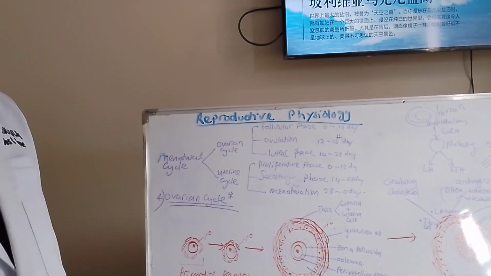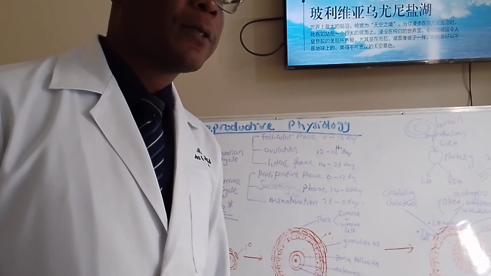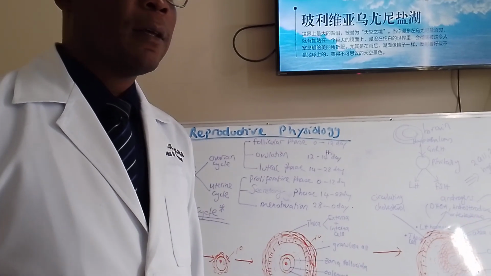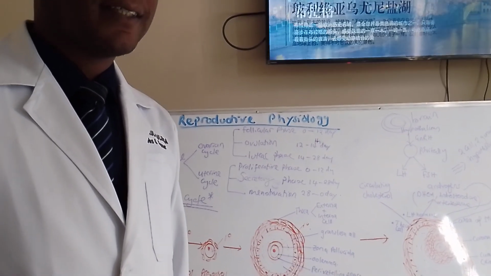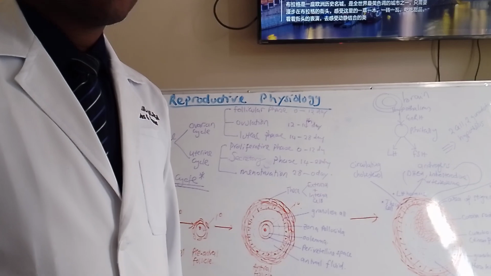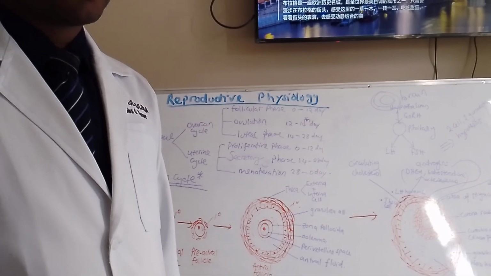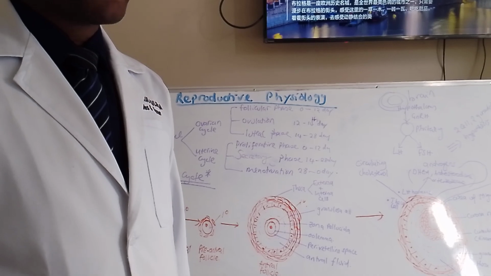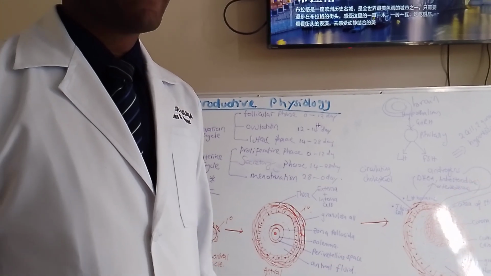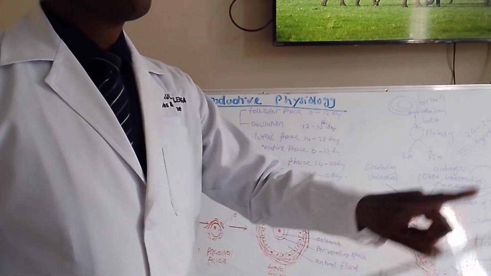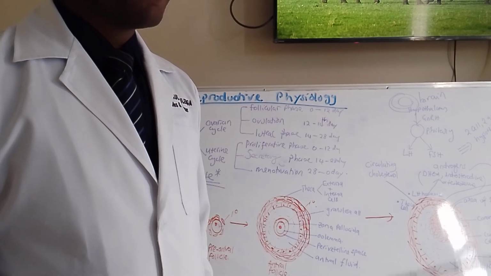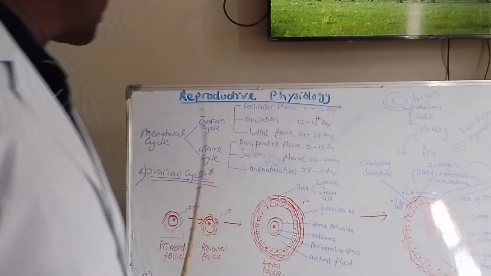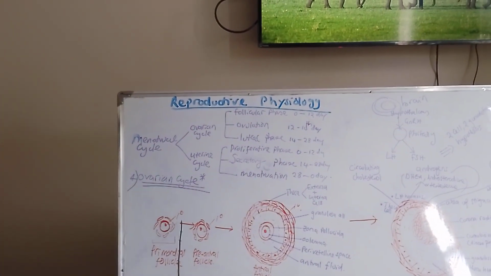Remember, we said that when the primary oocytes are produced during that period of embryology, when oogonia switches to go into meiosis, right? We said the name changes from oogonia to primary oocytes. And those primary oocytes are never exposed. They will soon be covered with the flattened cells known as the theca cells.